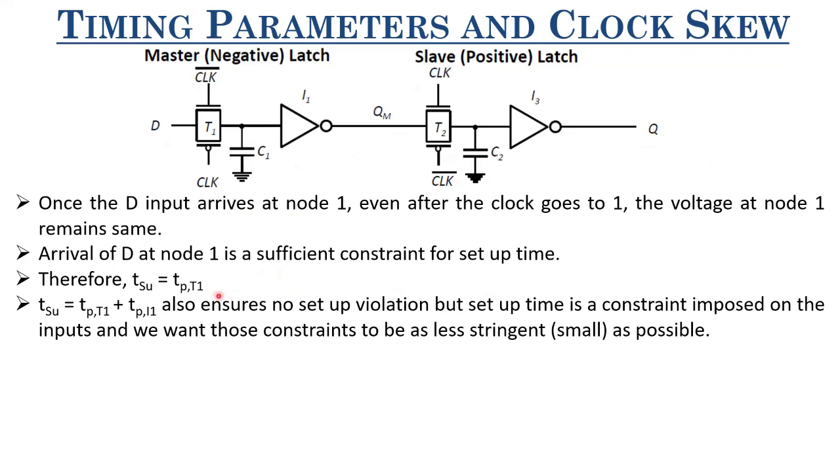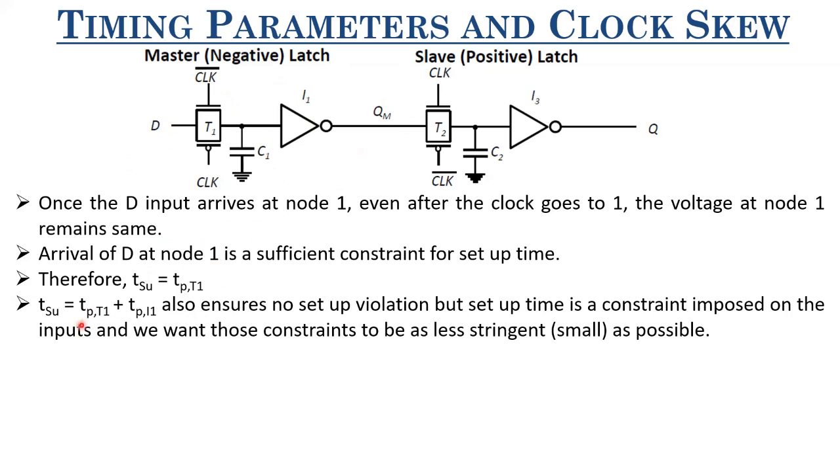Even then, we want to ensure that setup time and hold time constraints are always followed. But we should try to relax those constraints as much as possible. That is, we do not want these constraints to be very stringent. We do not want a very heavy kind of constraint on the inputs. So if you are making this setup time as TP-T1 itself, that is also ensuring correct operation, because even if D is changing after that time, it won't hurt your output here.